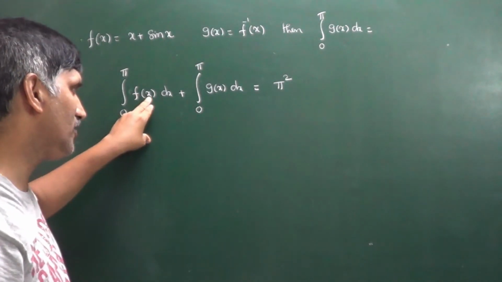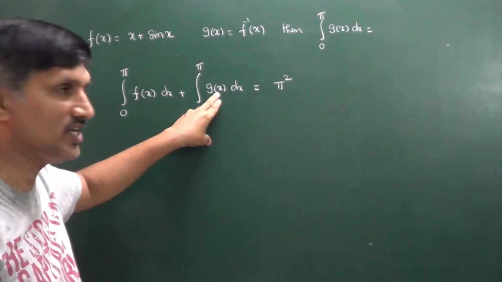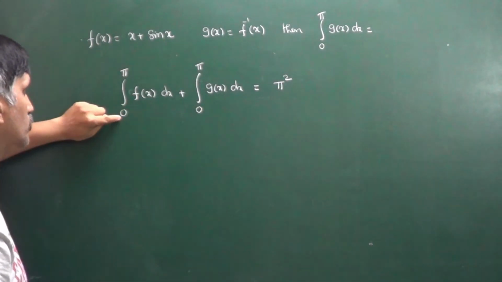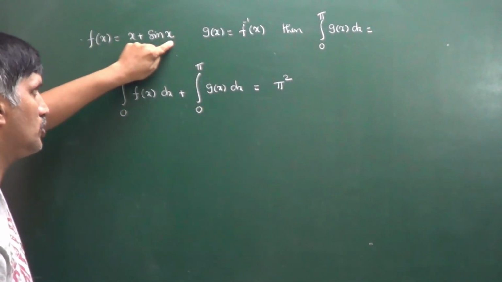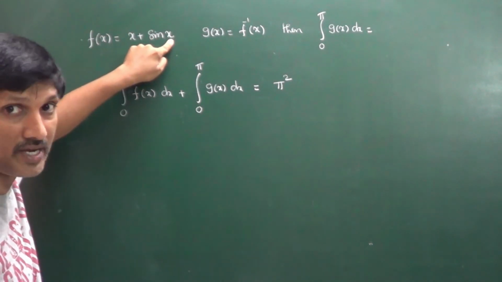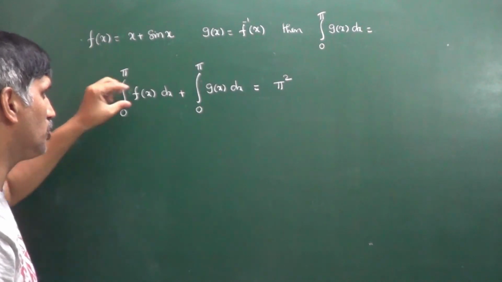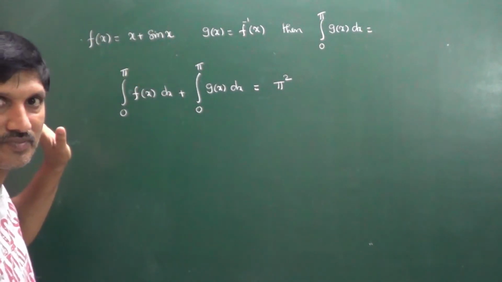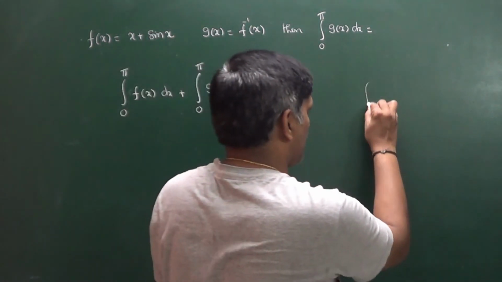This is f and this is f inverse. You can see if you substitute the lower limit it becomes 0. If you substitute the upper limit it becomes pi. That's why f of 0 is 0 only, f of pi is pi only. So this is the discussion we did.